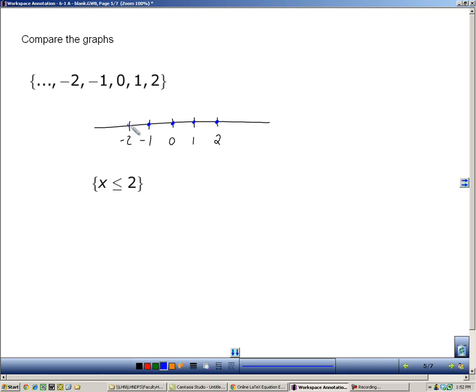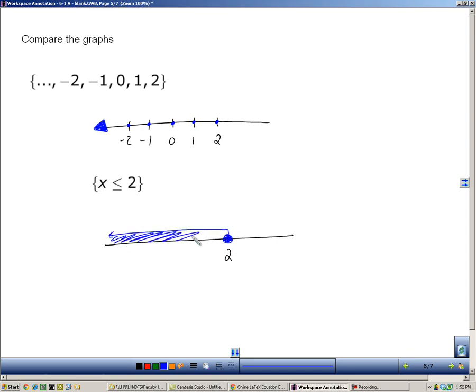And because it has the 3 dots on the left side, the ellipsis, that means the pattern is going to continue forever. So we referenced that by making a dark arrow. So that's how you would graph the top one. Now, here's how you'd graph the bottom one. There's their 2, and we want to be less than or equal to 2.